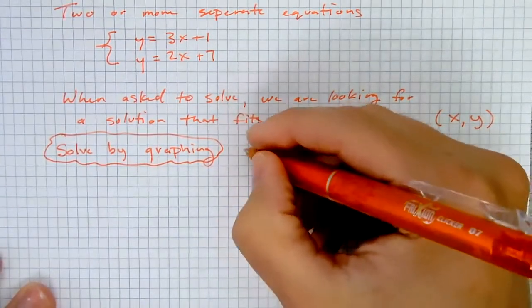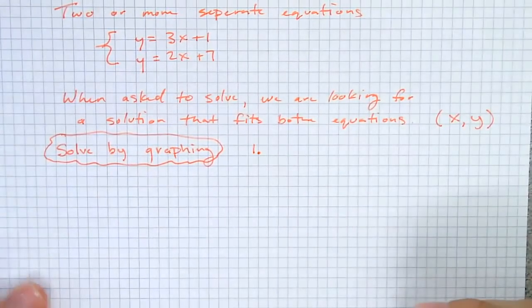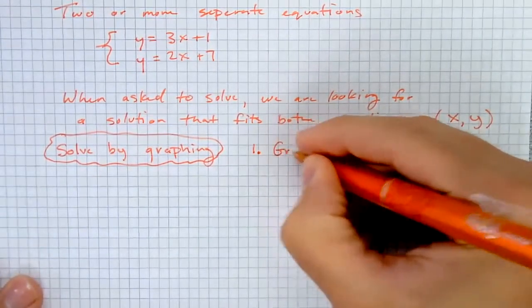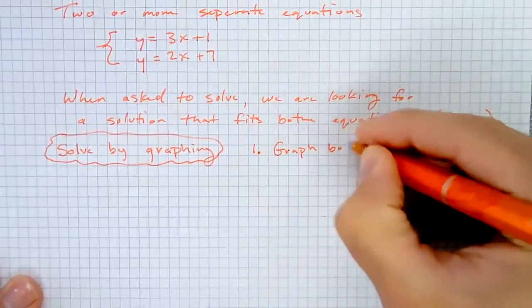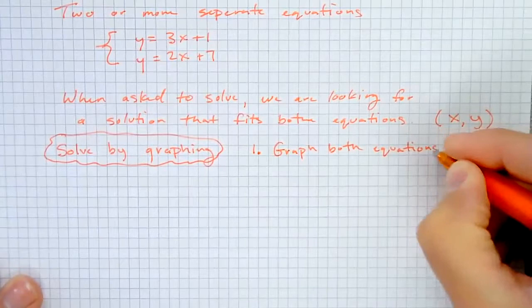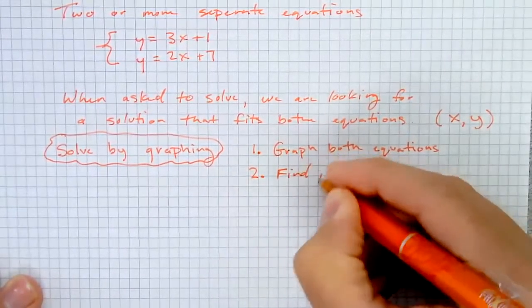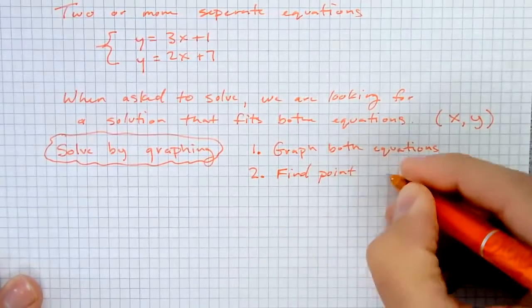Pretty easy step process here. Step 1, graph both equations. Step 2, find the point of intersection, and that's going to be our solution.